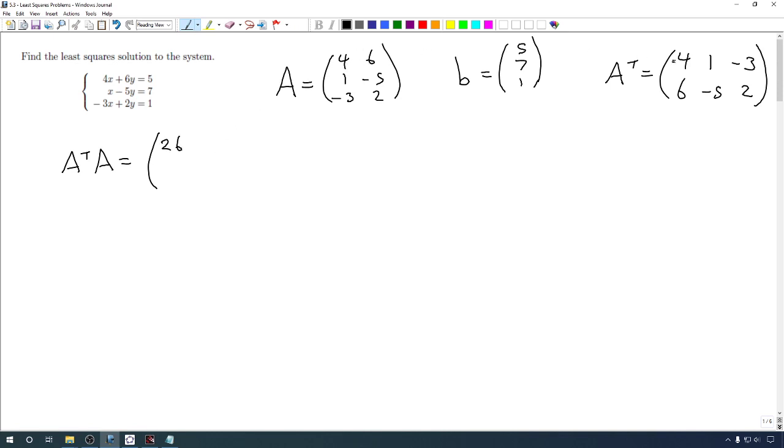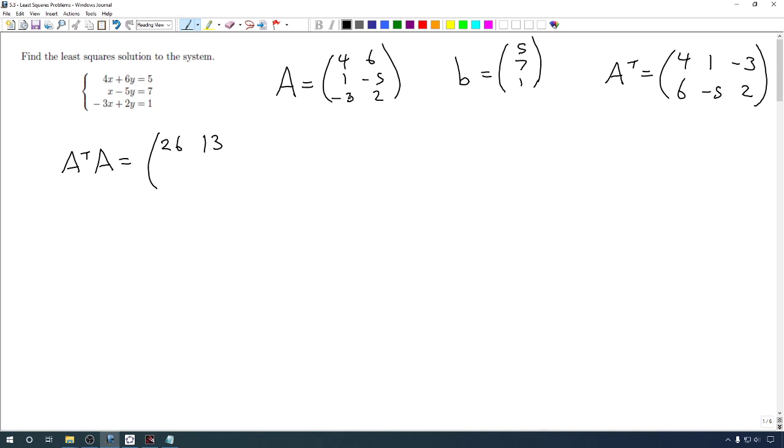Then we do 4, 1, and negative 3 times 6, negative 5, 2. This one's not squares, but that's okay. So we have 24 minus 5 minus 6. We're going to get a 13. In fact, if we look at the other one, down in this corner, we're going to take this row, 6, negative 5, 2, and multiply it by 4, 1, negative 3.